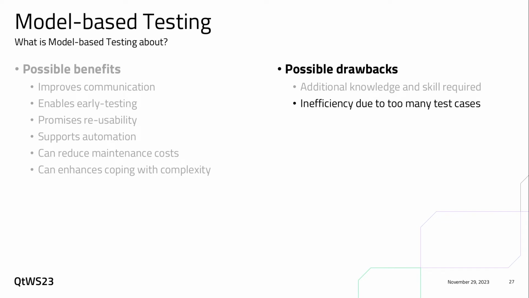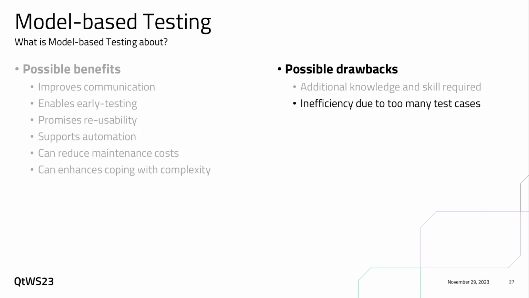Explosion, it's called, and it's from one model, you can generate a few test cases, but you can also generate thousands, maybe even millions. And especially, in the talk before, the autonomous testing, you can really generate a lot of different test cases.